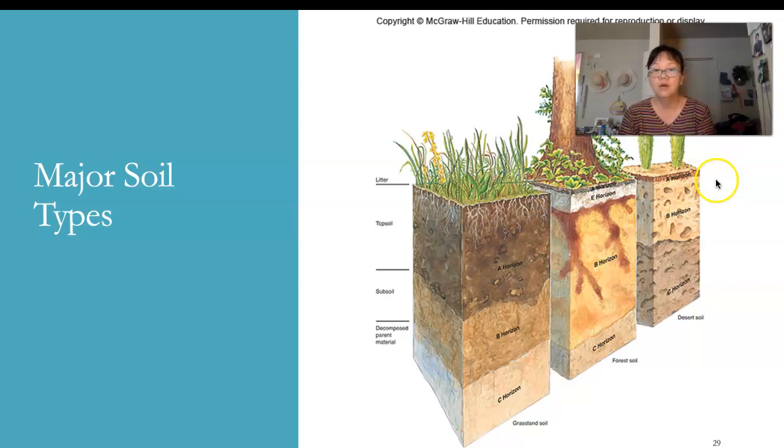When it's warm, organic matter decays very fast. And because of the heavy rainfall, those nutrients are washed away very quickly. So most of the forest soil is enriched in iron and aluminum, and it's acidic. It doesn't support crops very well. I want you to understand why forest soil does not support crop growth well.